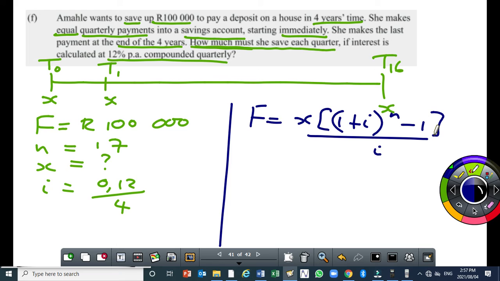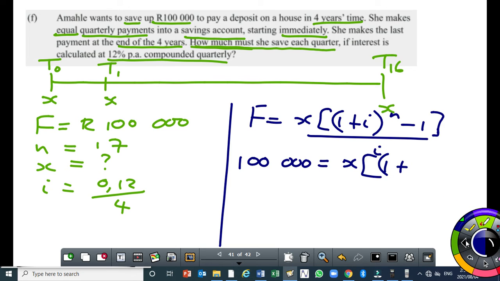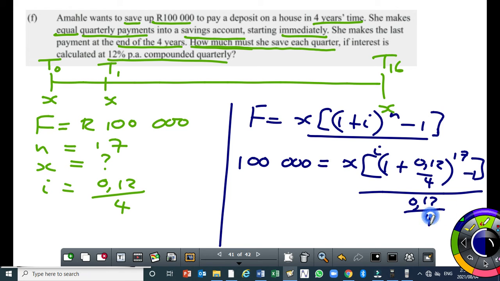And how many of you would prefer me to substitute the values, then solve for that? Okay, let's substitute. So F is 100,000, X we don't know, so that will be [(1 plus I, where I is 0.12 over 4) to the power of N, which is 17, minus 1], then you divide that by 0.12 over 4.